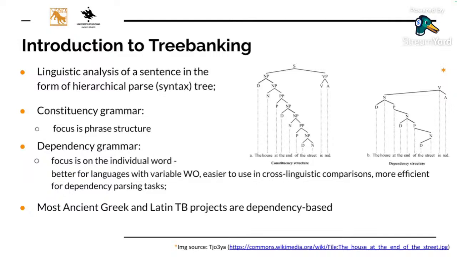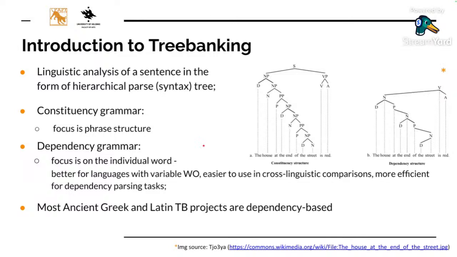One is within the rules of constituency grammar that focuses on the phrase structure. So here I have a constituency tree for you that groups all the words in their respective phrases and then shows the relationships between the phrases, so that in the end we reach the uppermost branch of the hierarchical tree.